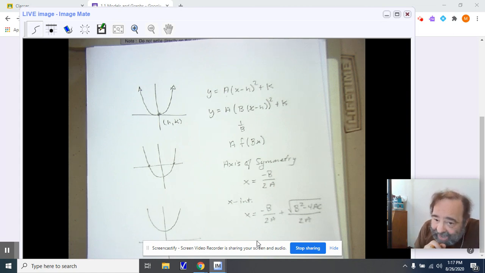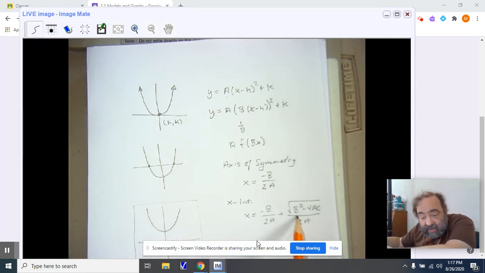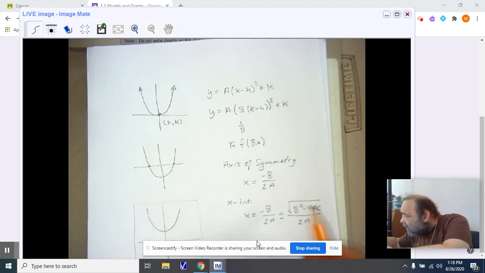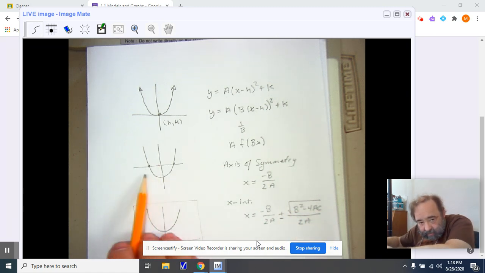If we end up having a negative inside of that square root, we have imaginary roots, and this will represent this situation down here. If I have a rational number inside, such as 36, 4, 9, anything that I can take the square root of, this is going to give me two unequal rational roots, and it will give me a situation that looks like this.